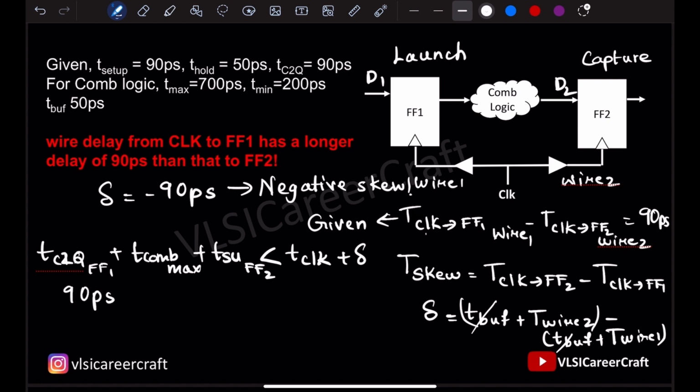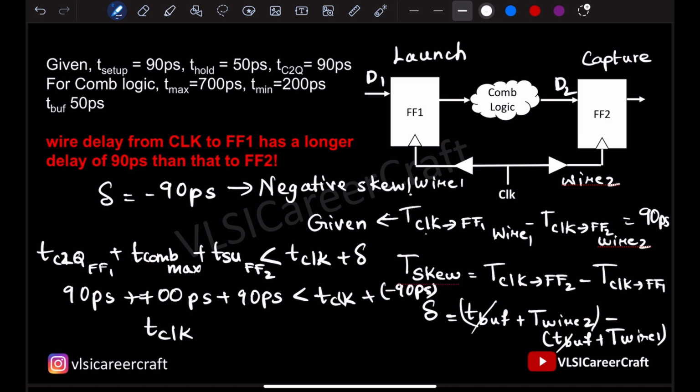So based on this formula, 90 picoseconds plus 700 picoseconds plus setup time of 90 picoseconds is less than T clock plus skew, that is minus 90 picoseconds.